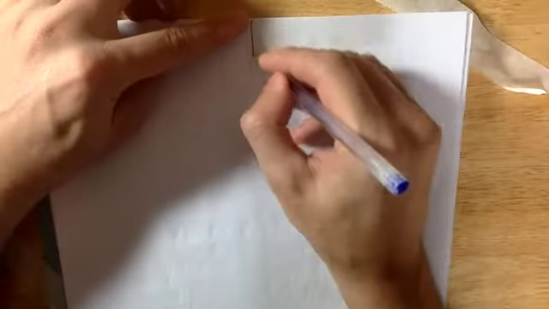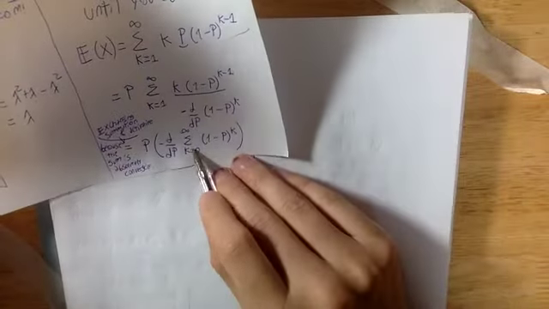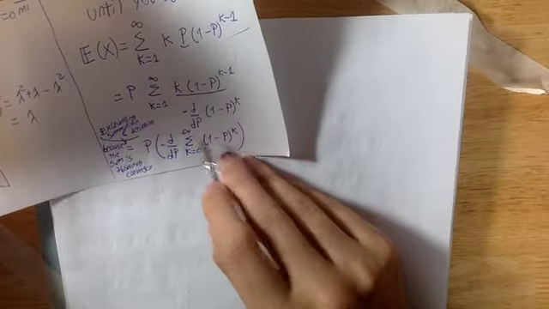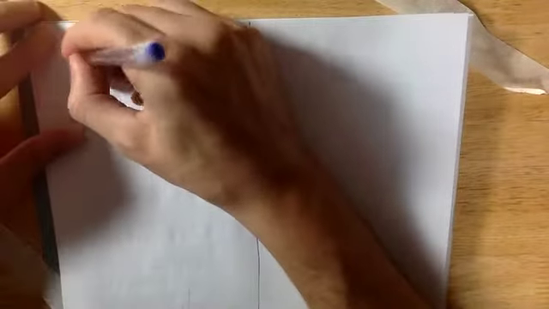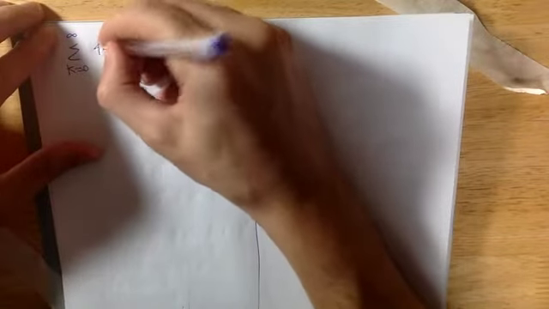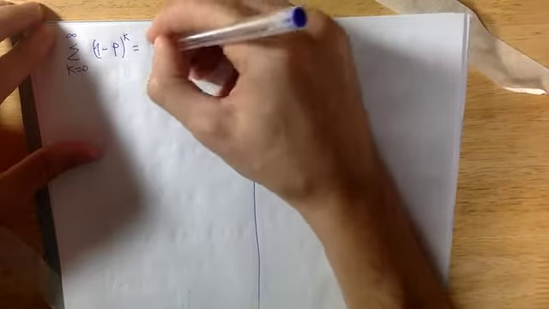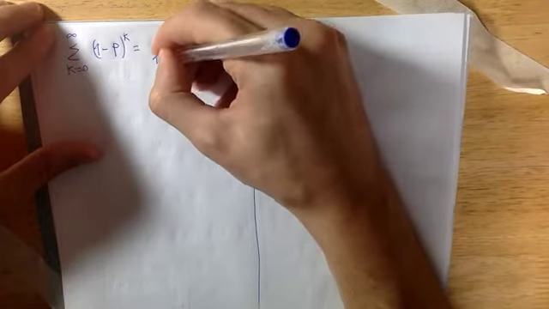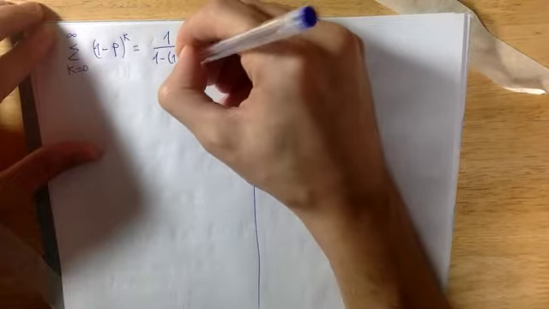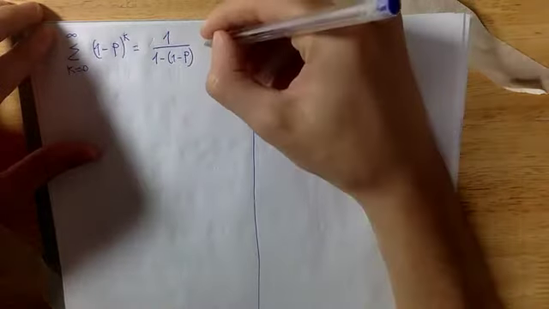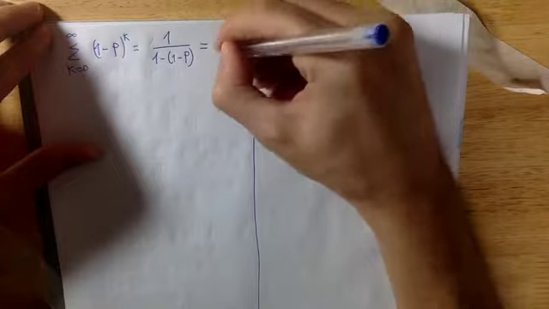Okay, so for this specific example, this is the geometric sum from k equals 0 up to infinity. So the sum from k equals 0 up to infinity of (1 minus p) to the k is exactly equal to 1 over (1 minus (1 minus p)), which is equal to 1 over p.